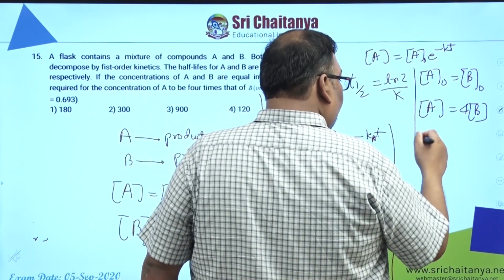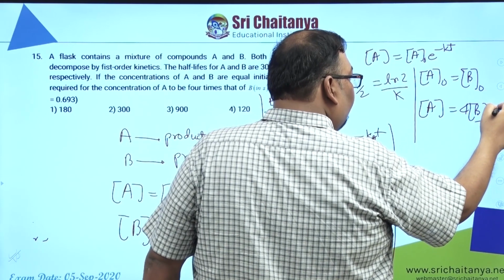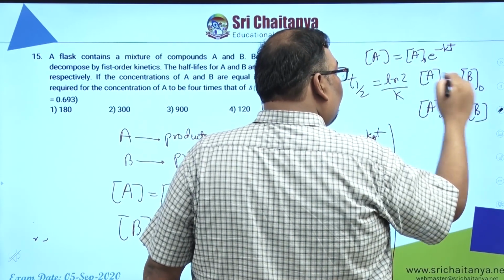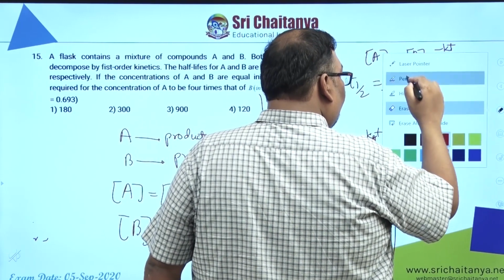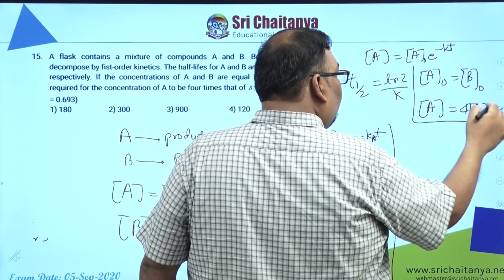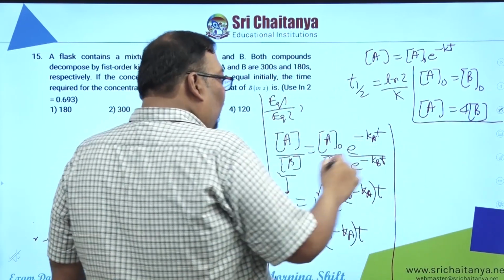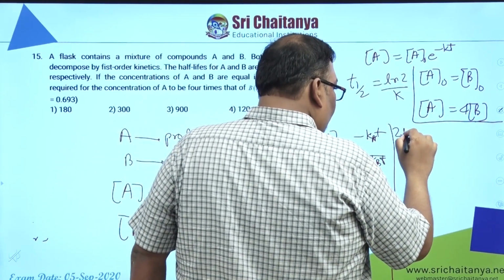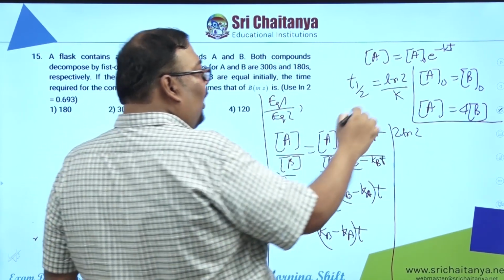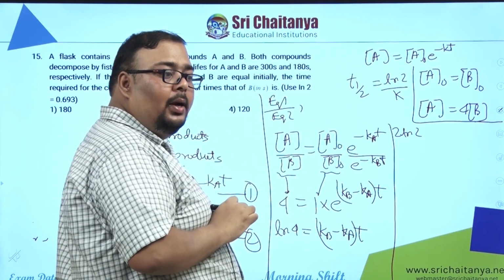Now ln 4 can be written as 2 ln 2. And T half is equal to ln 2 by K, so I can write K is equal to ln 2 by T half.